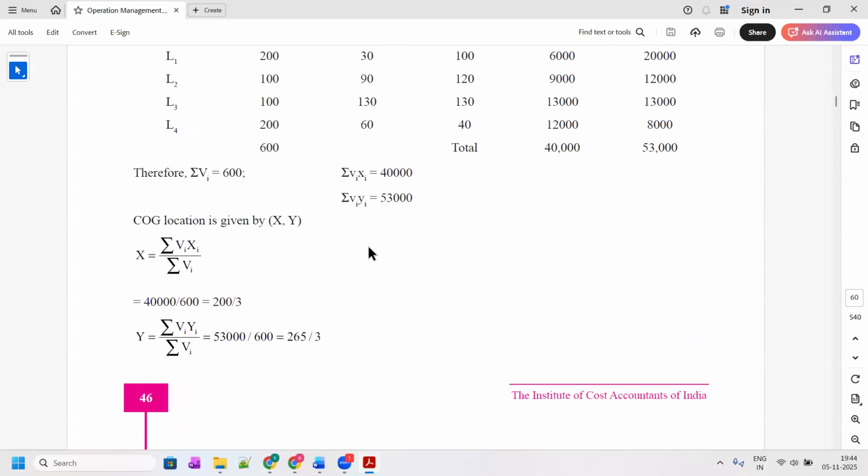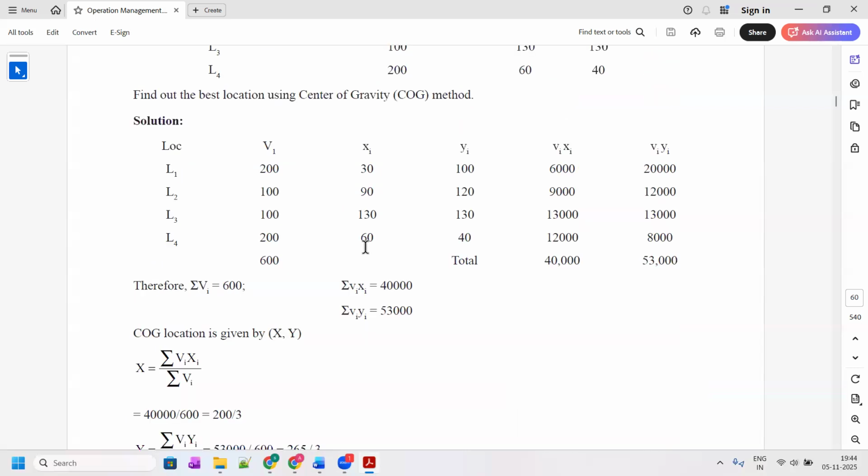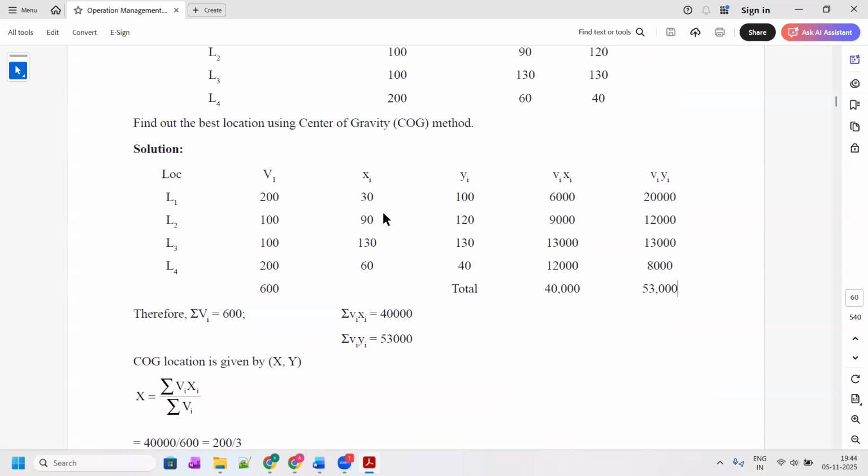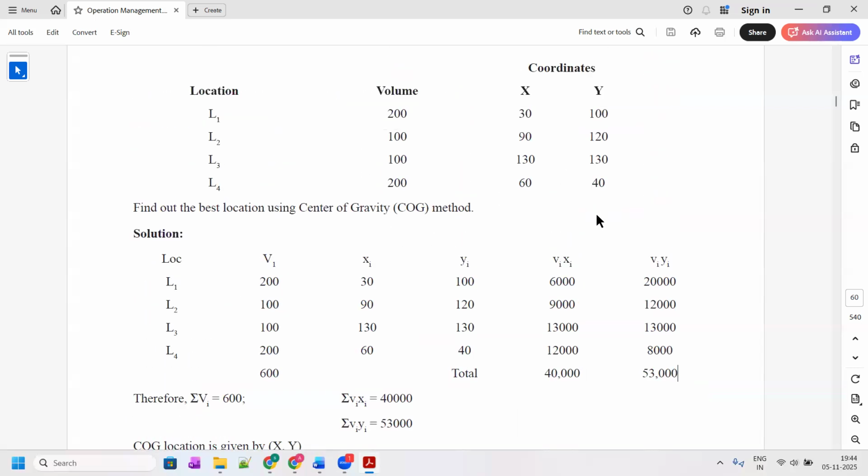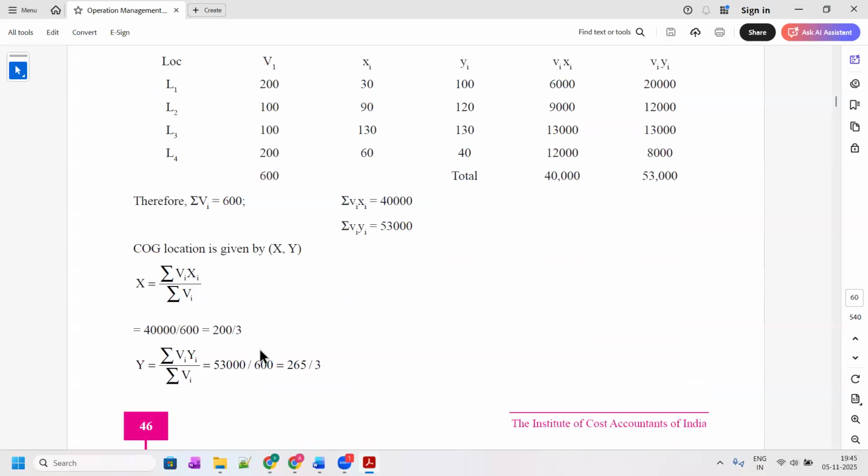Out of x and y, you can see the value of y is bigger than the value of x.